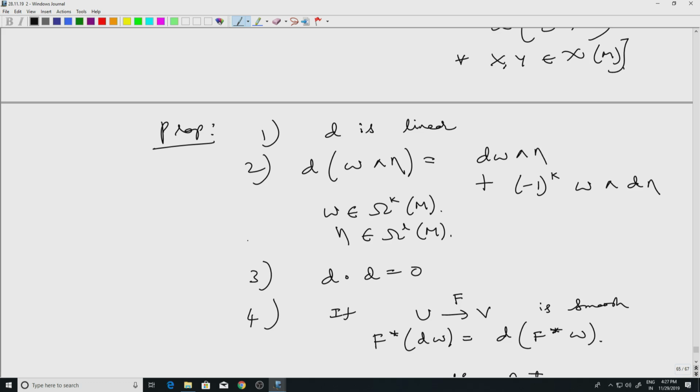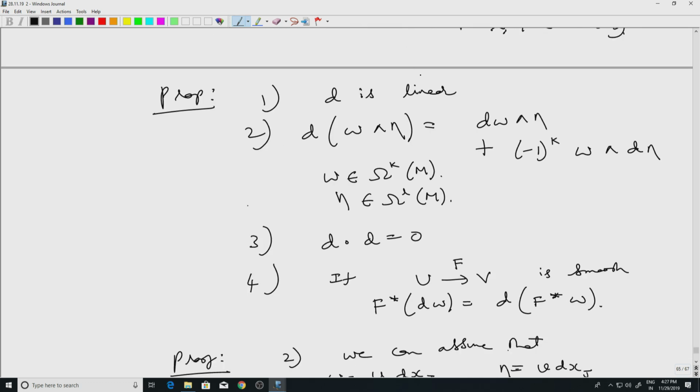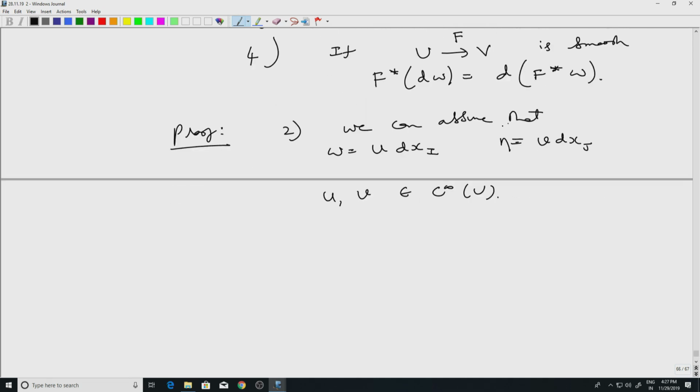The coefficients will not be the same, but we can just expand them in terms of their basis, and then use multilinearity of this wedge product operation and so on. So I won't go into details. It's quite straightforward and can be a topic for the tutorial.